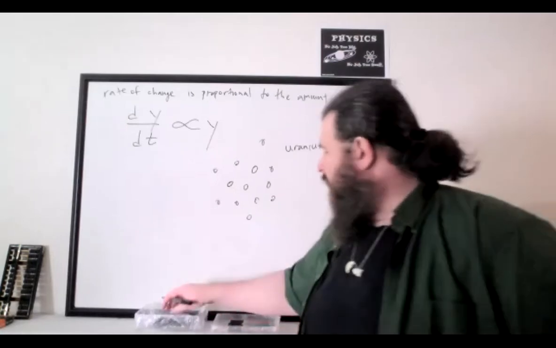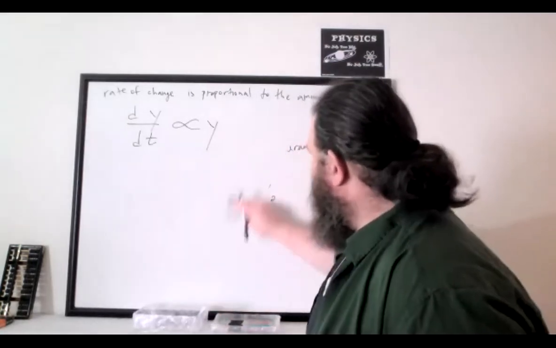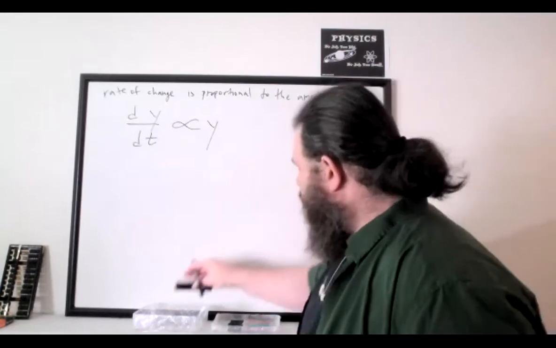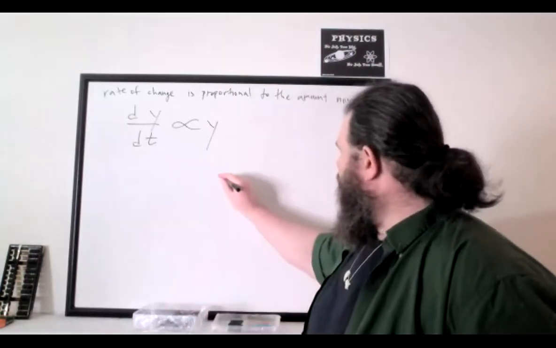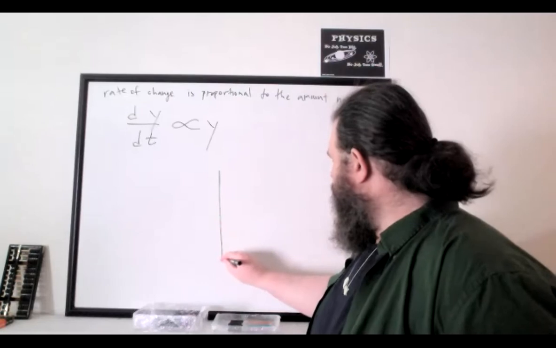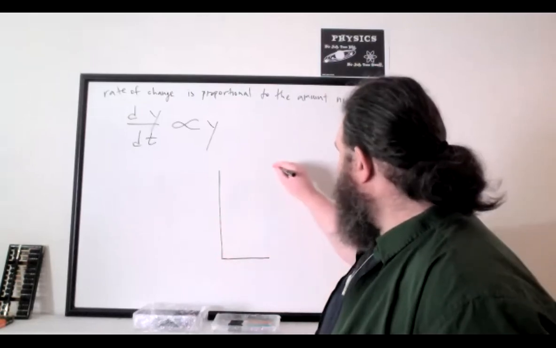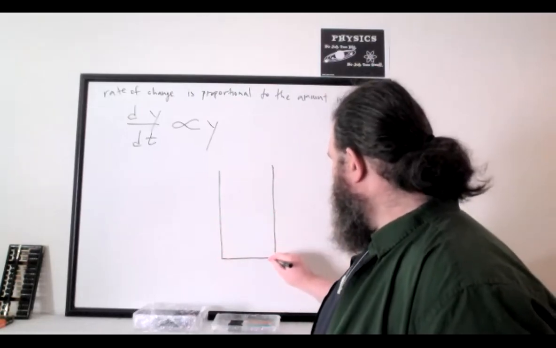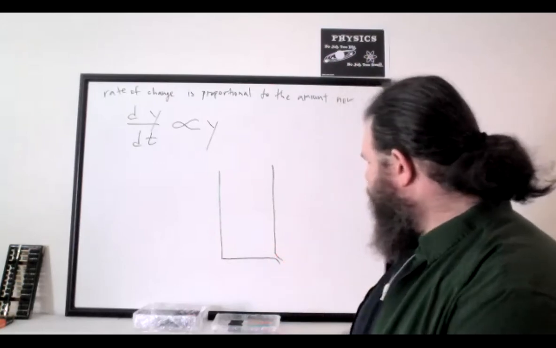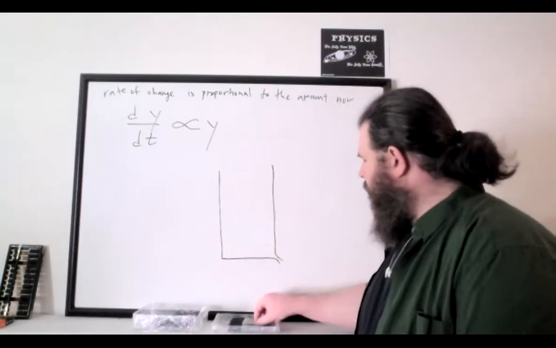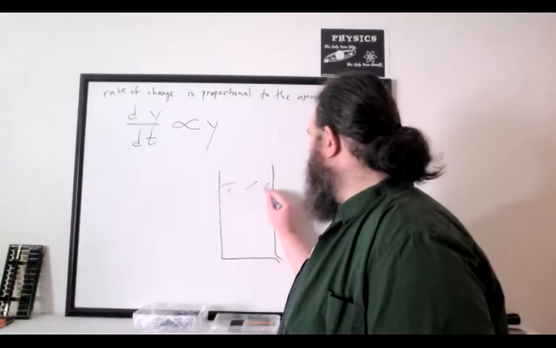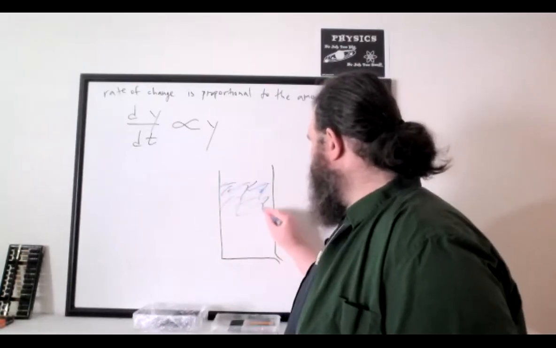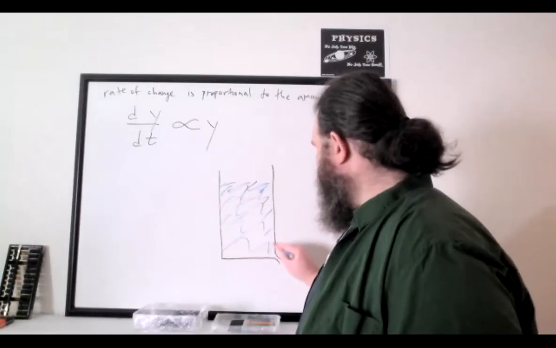We also get this in many cases of fluid flow. Not all cases of fluid flow, but a lot of specific situations. One common example is if you're draining a tank. Let's say you've got this tank of water with a spout at the bottom. And we've got some water here.